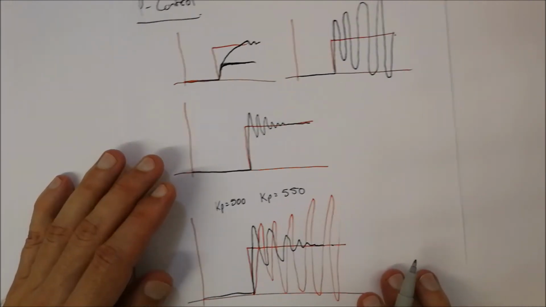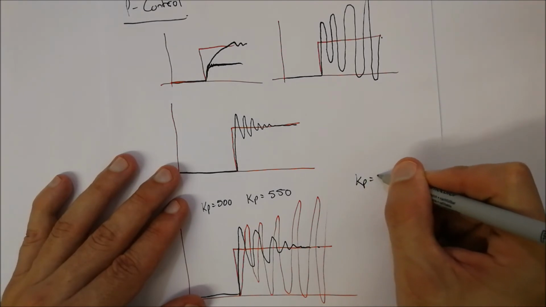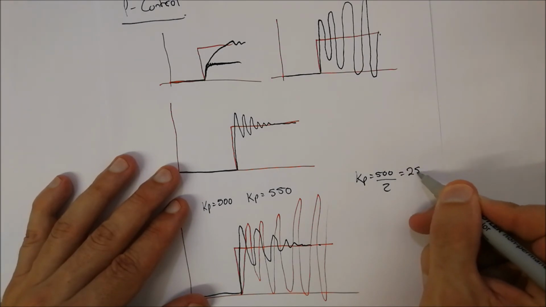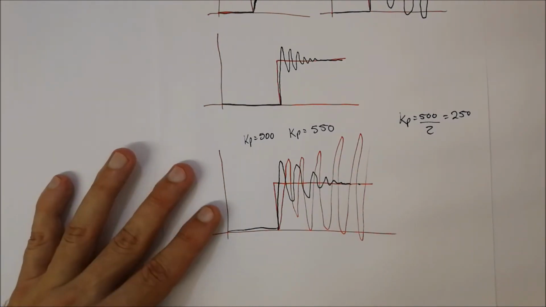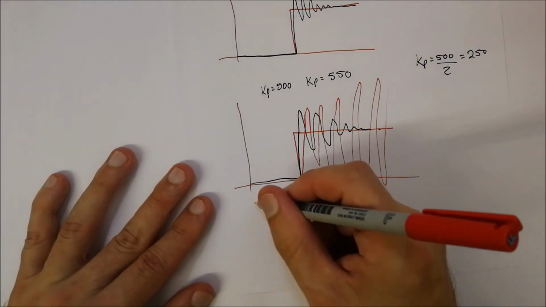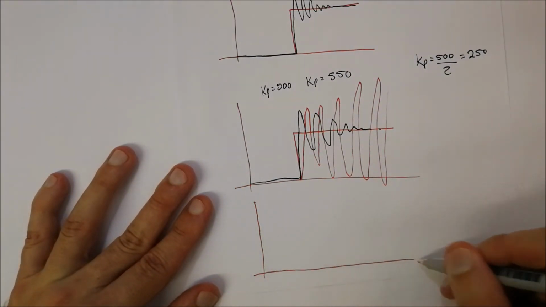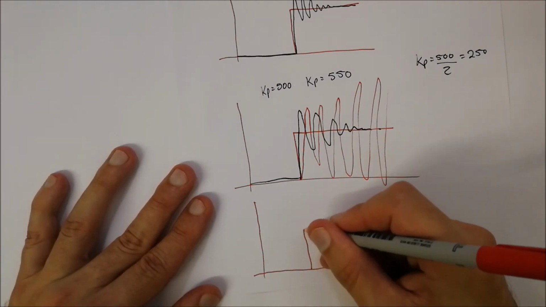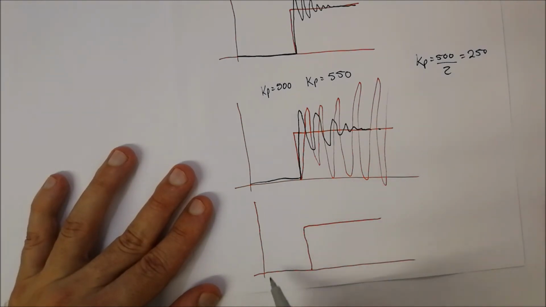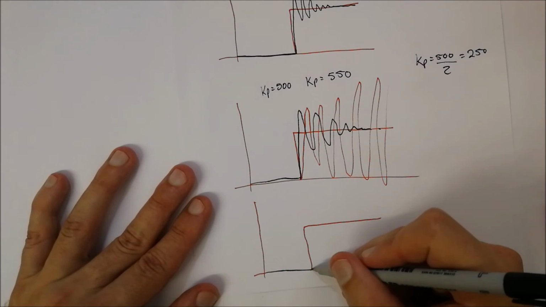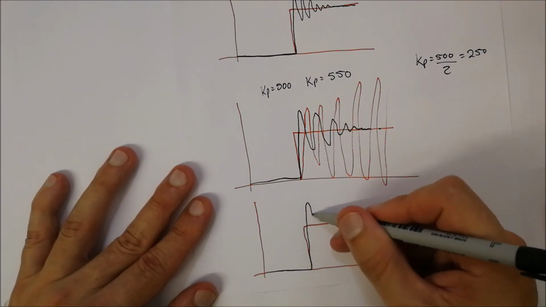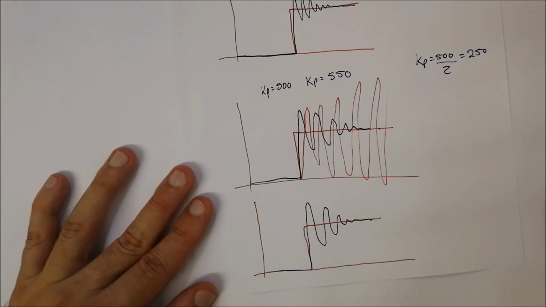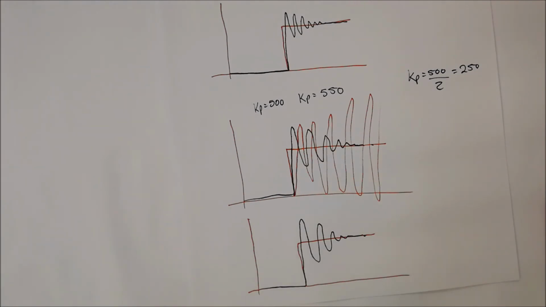Okay, so if KP is equal to 500, what I'm going to do is divide it by 2. That's going to equal 250. With 250, if you did that same test, you'll have some step initiated over there, it might start toggling a bit, and then it will converge down to that amount. As a matter of fact, that's actually incorrect.